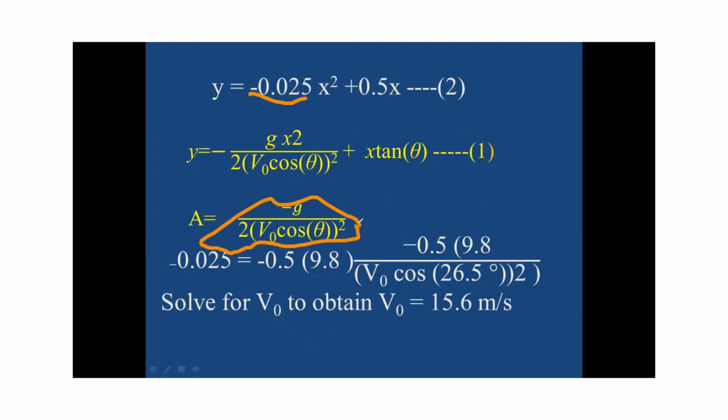As we discussed, the coefficient in one equation equals the coefficient in the other equation if the two equations are equal. So minus 0.025 equals the coefficient of x squared in the trajectory equation, and solving this gives v naught equals 15.6 meters per second.